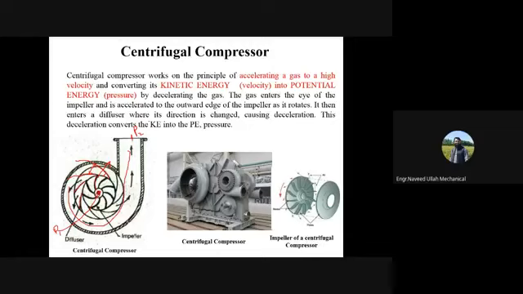So in this way, when the pressure of the working fluid is increased, this type of compressor is known as a centrifugal compressor, right? So this is actually the working principle, a schematic and cutaway section diagram, and this is the actual centrifugal compressor.